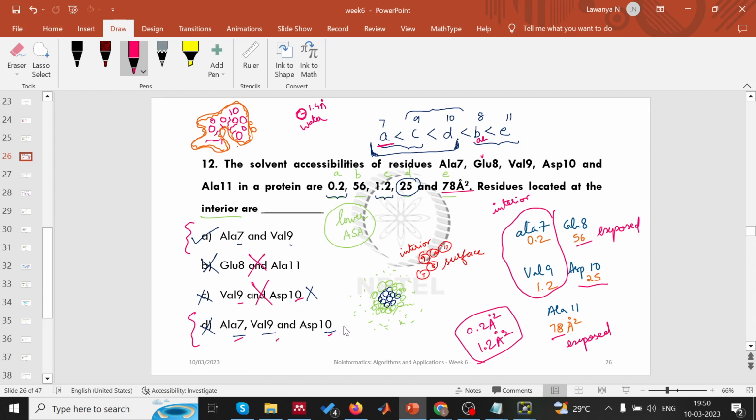When given these two options, and considering that aspartate is 25 angstrom square compared to 0.2 and 1.2, this is very big, right? 20 times more if you're talking about valine, and around 100 or 120 times more if you're talking about alanine. Therefore, we went for option A, where 7 and 9 residues are interior.